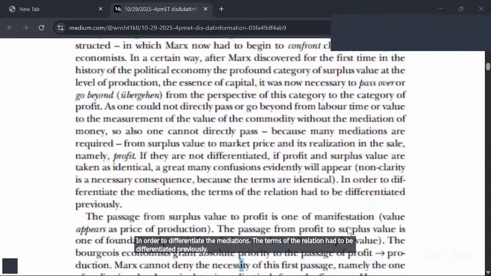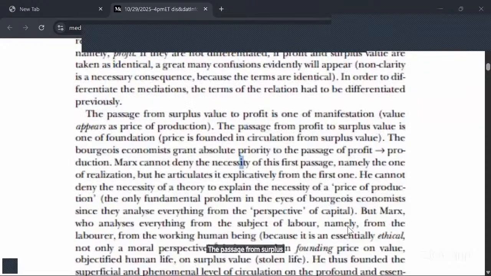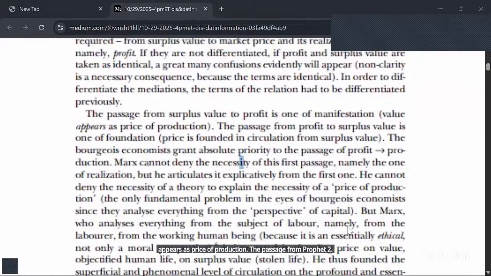The passage from surplus value to profit is one of manifestation. That is, value appears as price of production. The passage from profit to surplus value, that is the obverse, is one of foundation. That is, price is founded in circulation from surplus value.